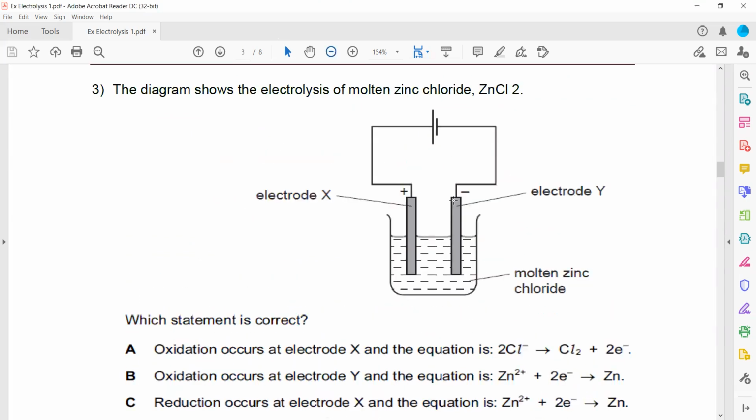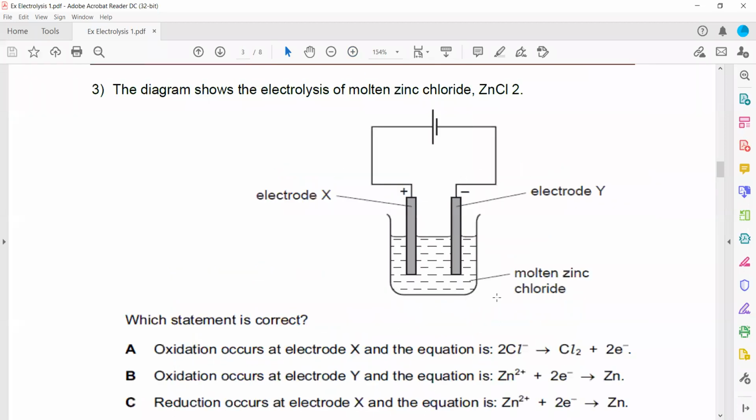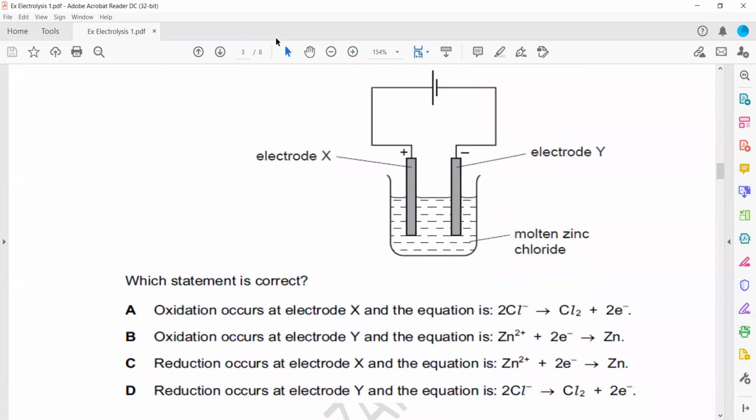The diagram shows the electrolysis of molten zinc chloride. So when we have a molten compound, it means it does not have any water molecule. So the ions present here are zinc ion and chloride ion only. So zinc ions are attracted towards electrode Y and turn into zinc atom, which will stick.